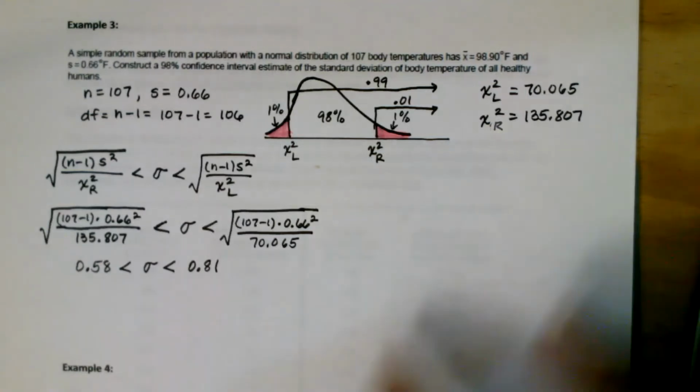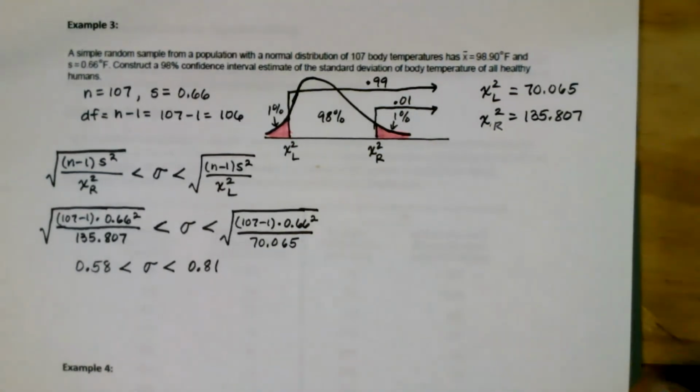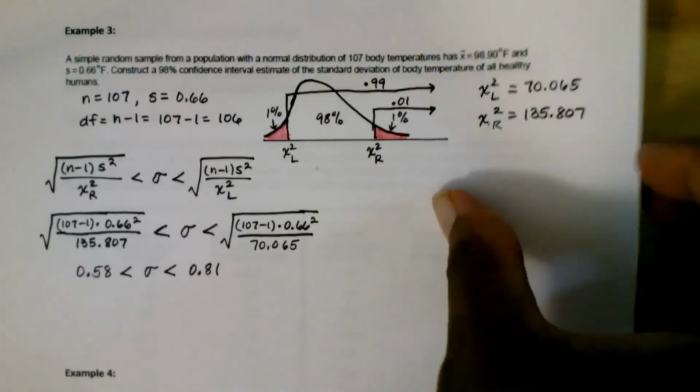Okay. All right, now let's look at example 4. A chocolate chip cookie manufacturing company recorded the number of chocolate chips in a sample of 70 cookies. The mean is 22.84 and the standard deviation is 2.59. Construct an 80% confidence interval estimate of the standard deviation of the numbers of chocolate chips in all such cookies.